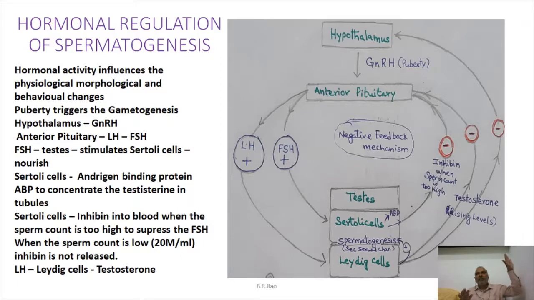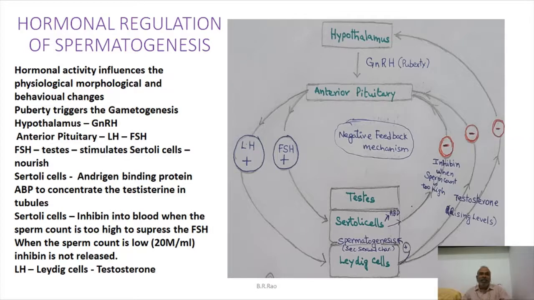When FSH function is stopped or inhibited, no ABP, androgen binding protein, is produced, so testosterone will not get accumulated, and spermatogenesis will be ceased for some time. But when the sperm count becomes low, the sperms having already been ejaculated, the Sertoli cells will not release inhibin.